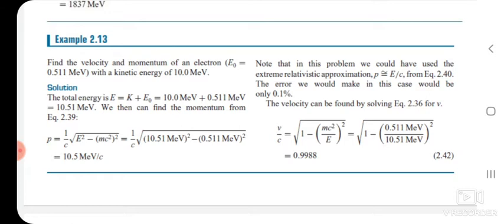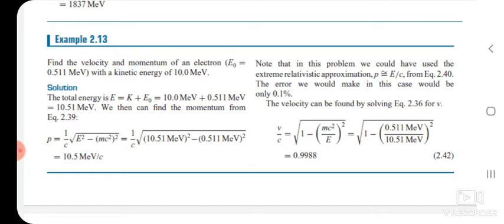Similarly, we have to find the velocity v. That can be found out: v by c is equal to square root of 1 minus (mc square by E) whole square.